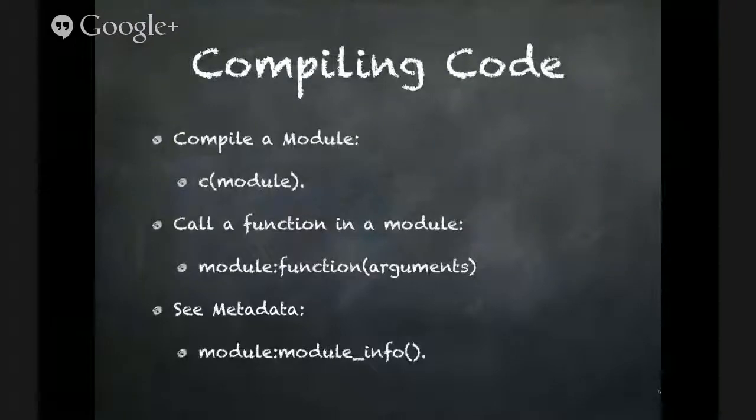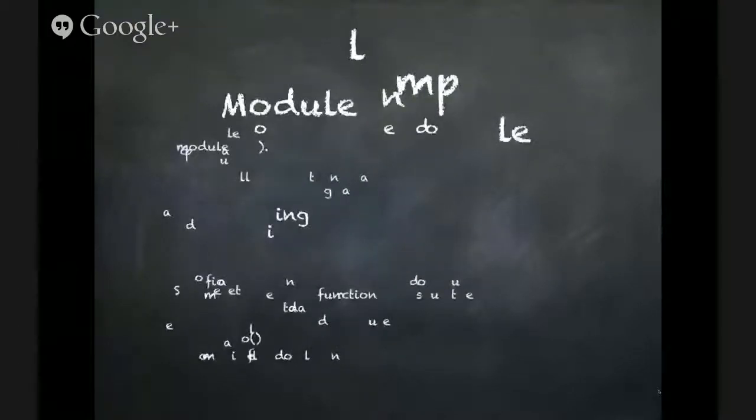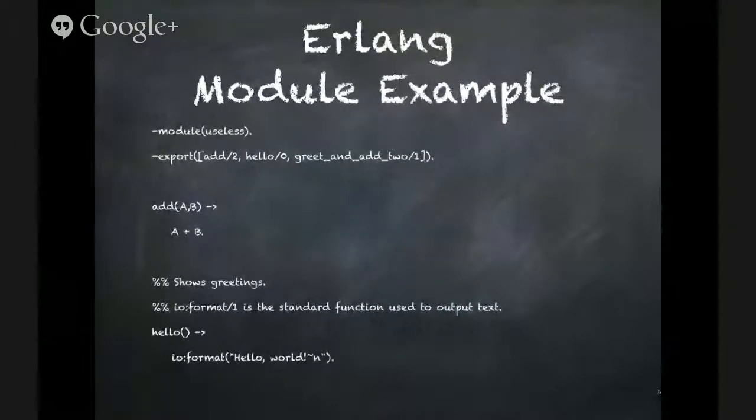That's kind of a crash course into really basic stuff in Erlang. This is a full module example. So we have the name of the module. Actually, I'm sorry, you always want to say -module and then name your module. In this case, we're calling it useless. The export is kind of like an interface to say, all right, you can use the add function that has 2 parameters, you can use the hello function that has 0 parameters, and so on.